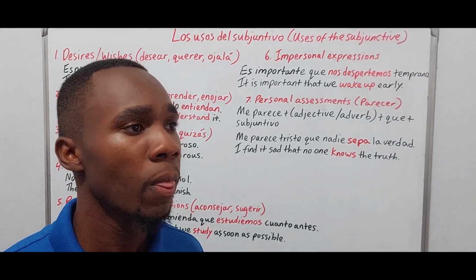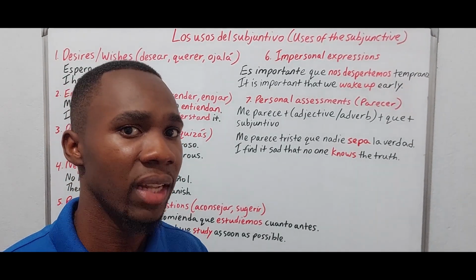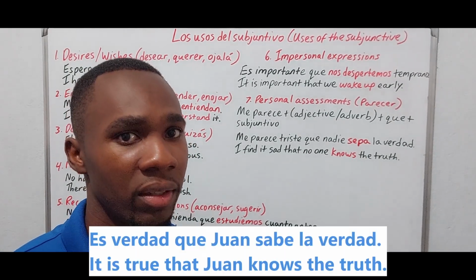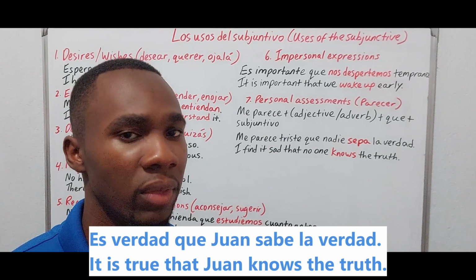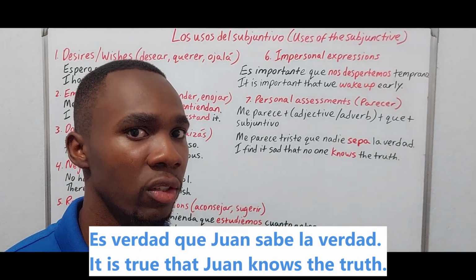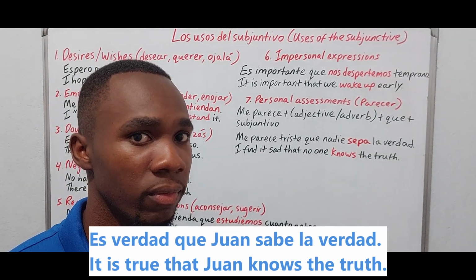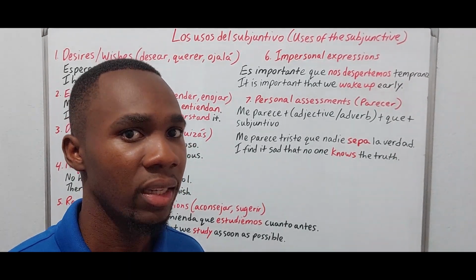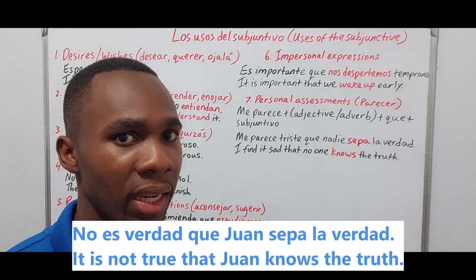For example, okay, es verdad que Juan sabe la verdad. It is true that Juan knows the truth, right? But if I make it negative, no es verdad que Juan sepa la verdad.